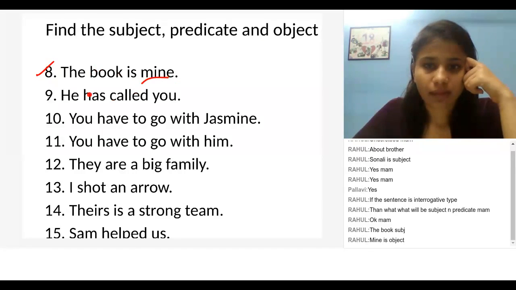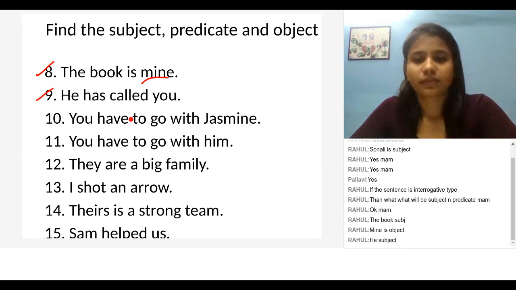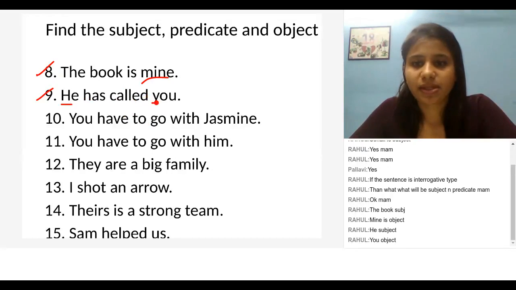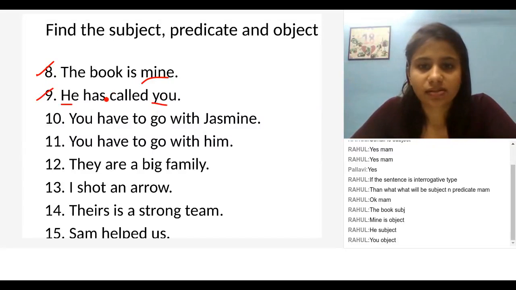Ninth sentence. He will become the subject and you will become the object. 10th sentence.